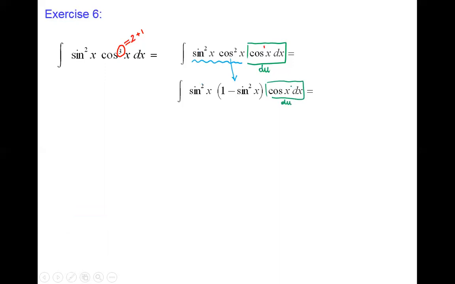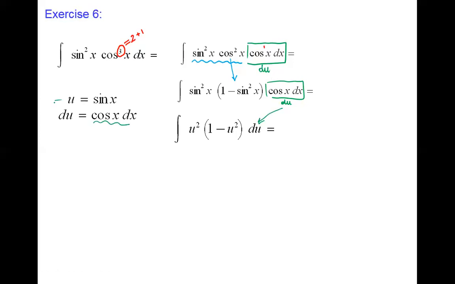This is my du. Let u be sine of x, du is cosine of x dx, and sine square of x will be u squared. And this is my du. Perfect, we can see that's the du. Let's distribute: u squared times 1, u squared times u squared is u to the power of 4, and the negative will stay.